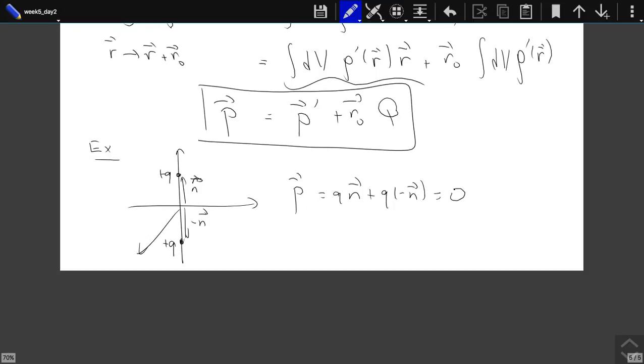So it doesn't have any dipole moment. It has a monopole moment. The monopole moment is just 2Q. If you put the origin at the center, it doesn't have any dipole moment. If you put the origin somewhere else, it will also have a dipole moment, because the total charge is non-zero, so the dipole moment depends on the choice of your origin.